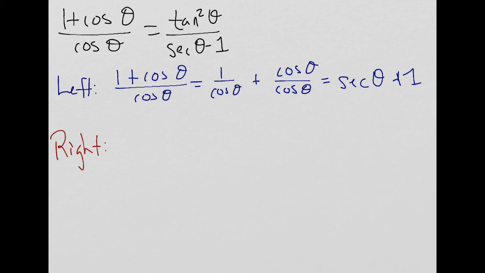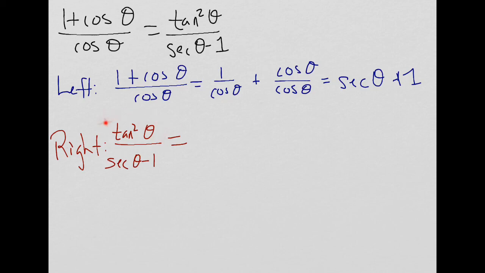So for the right-hand side, tangent squared theta over secant theta minus 1. I'd like this to just be a secant theta plus 1. But to do that, I can try a couple of different approaches, but what seems to make the most sense to me, maybe if I can get everything just in terms of secants, that'll help.